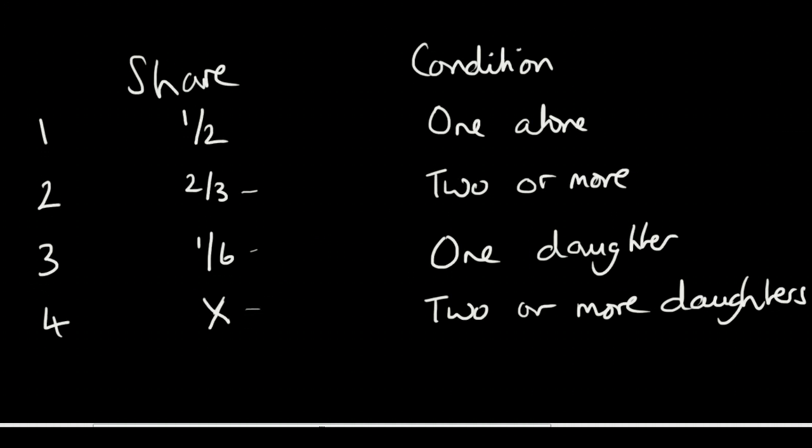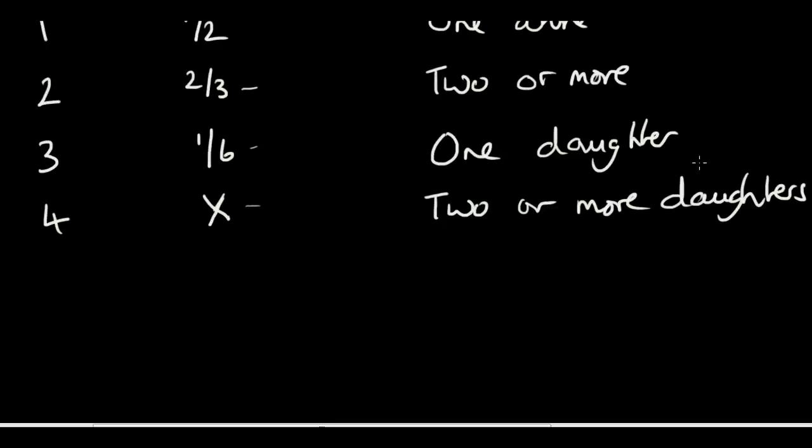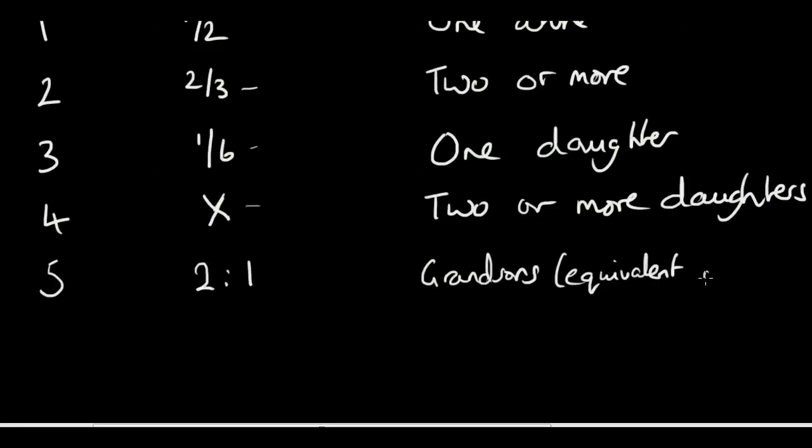There's actually two more states or shares. So number 5 is where the granddaughter is with a son. And this is when granddaughter comes with a grandson, and they get in a 2-to-1 ratio. And this is where the grandsons are equivalent or lower.